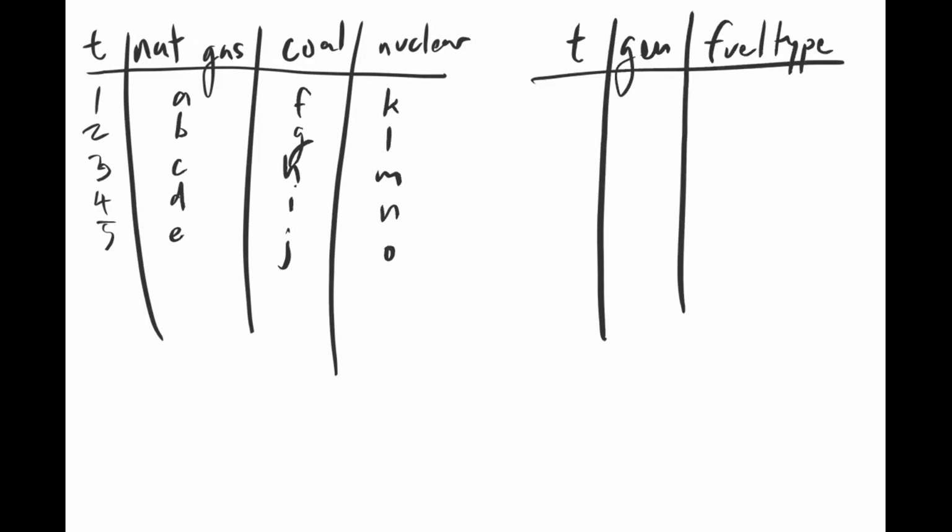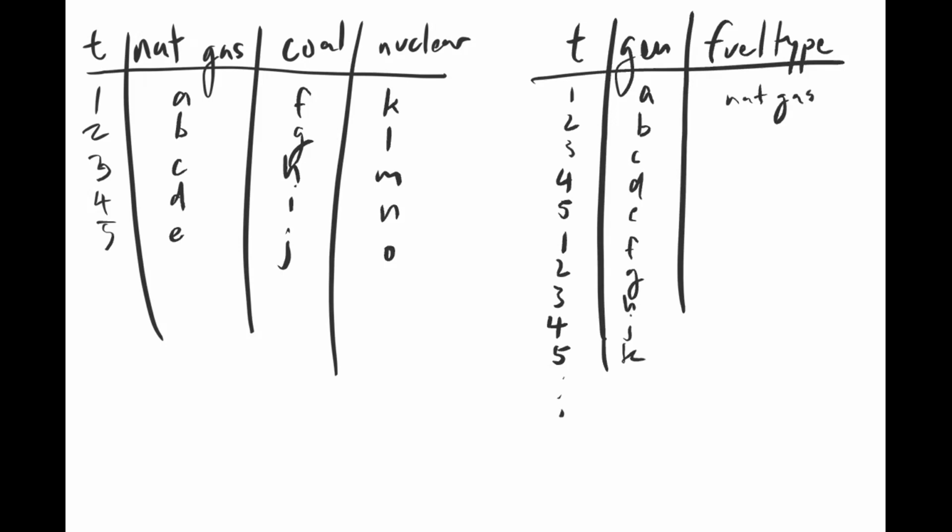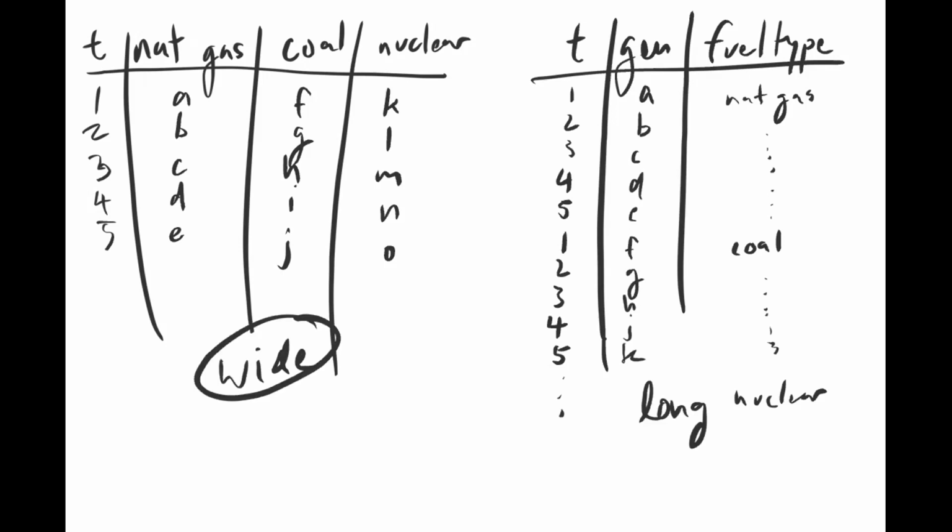In long format it would be 1, 2, 3, 4, 5, repeated, with values A, B, C, D, E, F, G, H, J, K, and then nat gas, coal, nuclear, and so on. So that's wide, and this is long.